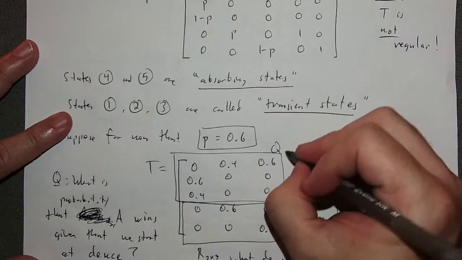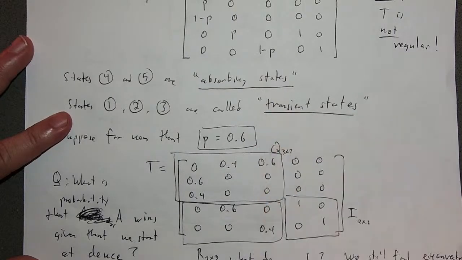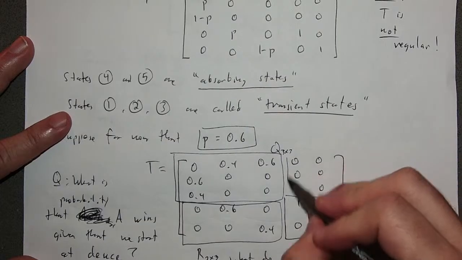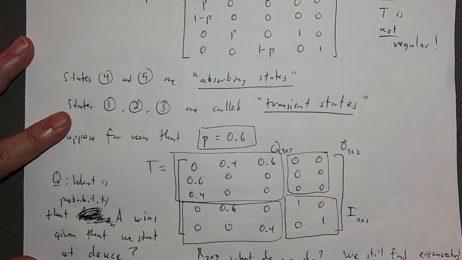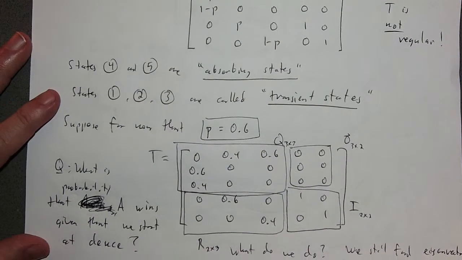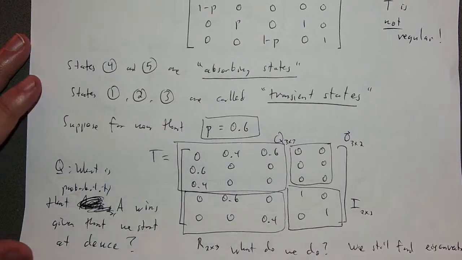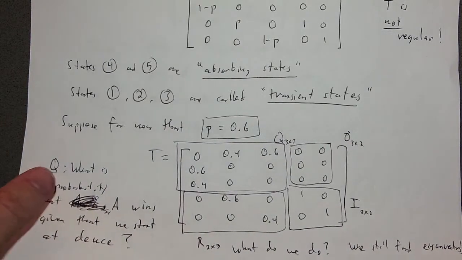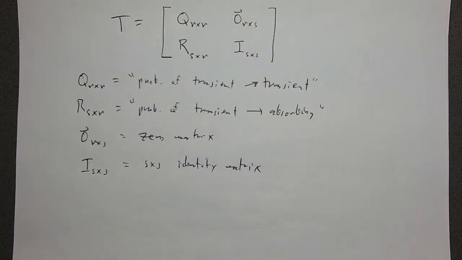Q is a 3 by 3. I is a 2 by 2 because there's 2 absorbing states. And then this is a 3 by 2 matrix of zeros. So this was exactly the form that this transition matrix takes. This is how the blocks work. Okay.